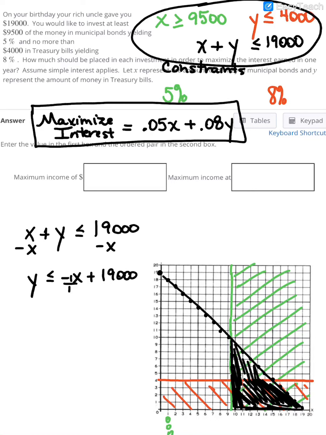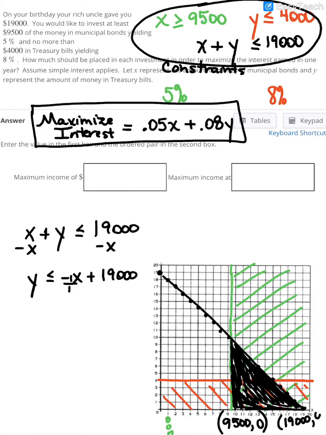Now, in order to maximize our interest, we have to find the corner points of that shaded region. And so I know down here where the green line was, my x value was 9,500, and since it's on the x-axis, the y value is just 0, so that's one corner point. Here, as I mentioned, I'm going to hit at 19,000, so the x value there would be 19,000.